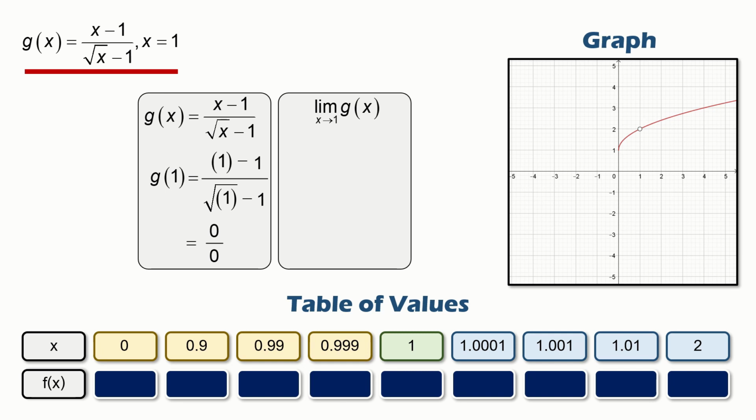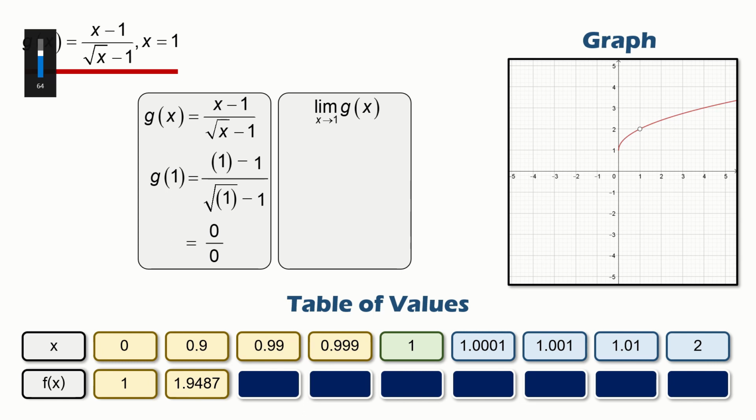Then substitute each x value in the function. I'll give you 5 seconds to think whether to pause this video and complete the table on your own, then check your answer afterwards, or continue watching the video. When x is 0, the function is 1. When x is 0.9, the function is 1.9487.